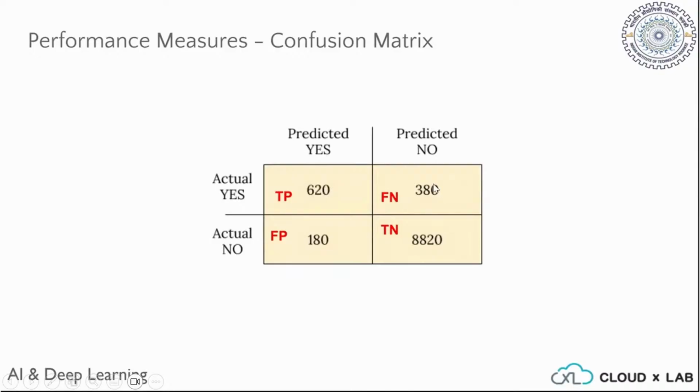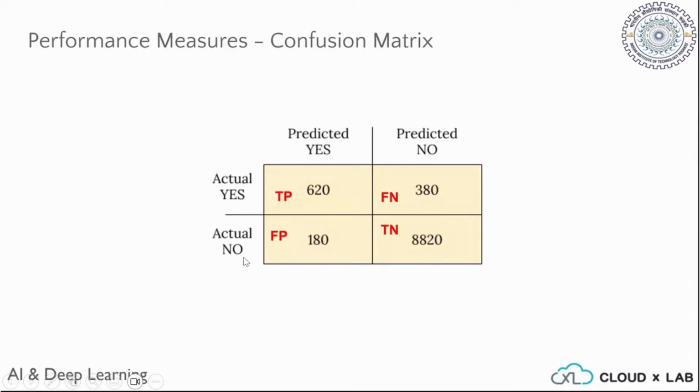The second case is false negative, where the actual output is yes and the model is predicting no. Total 380 cases are there where the actual output is yes and the model prediction is no. This case is called false negative because the prediction of the model is wrong. Actual was yes, but the model is predicting no.